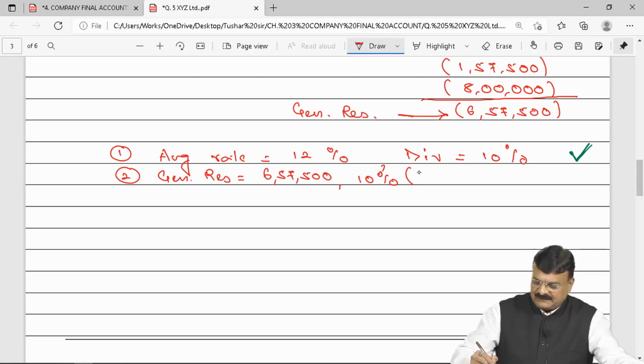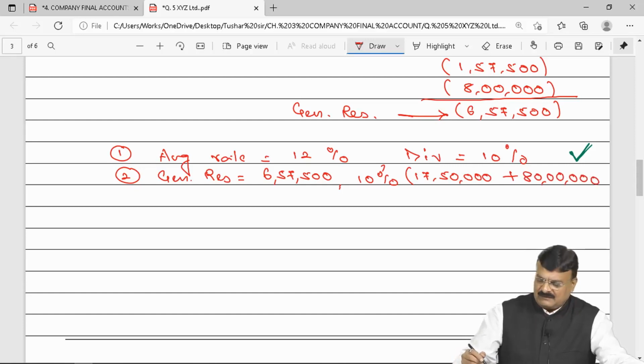Preference capital is 1750, equity capital is 80 lakhs, and one more, our free reserves are 25 lakhs, general reserve.